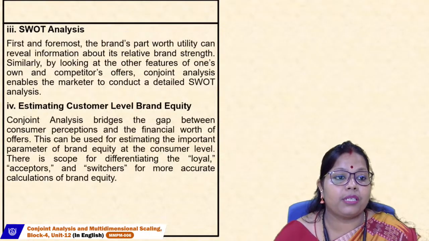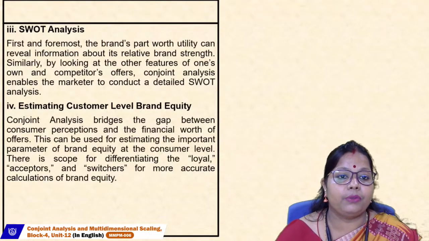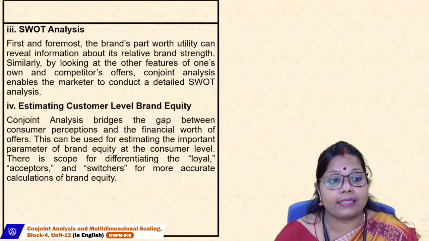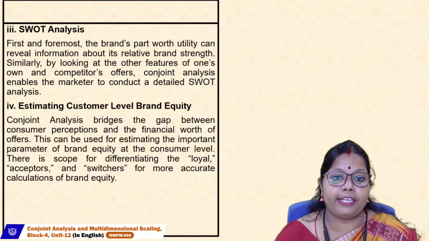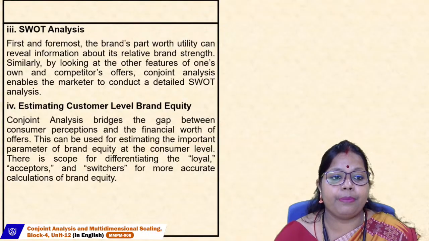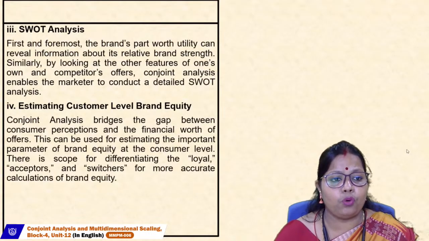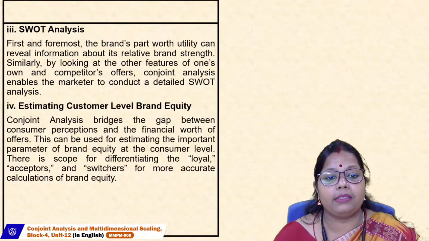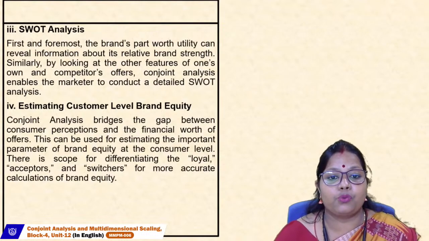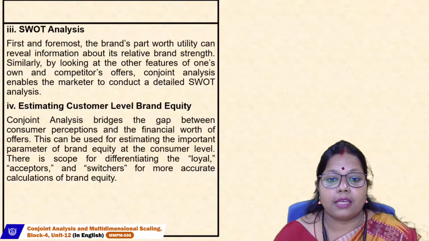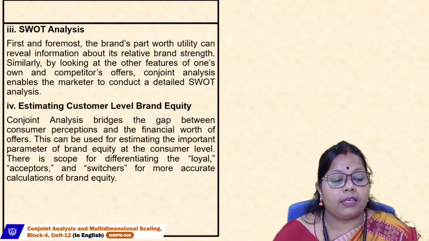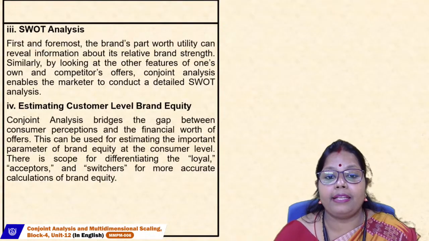Then the third one is SWOT analysis. Here the brand's part worth utility can reveal information about its relative brand strength. Similarly, by looking at the other features of one's own and competitors' offers, conjoint analysis enables the marketer to conduct a detailed SWOT analysis: strengths, weaknesses, opportunities, and threats. And the fourth is estimating consumer-level brand equity.